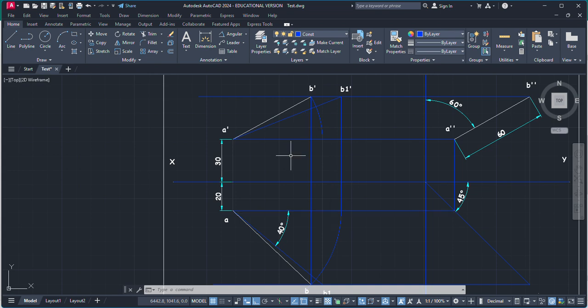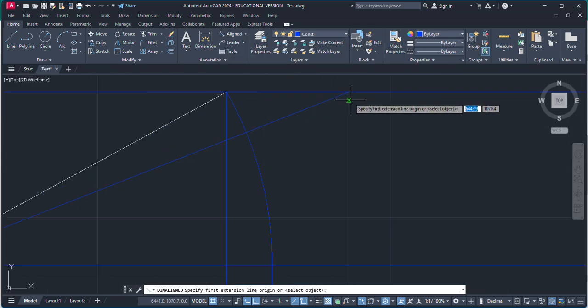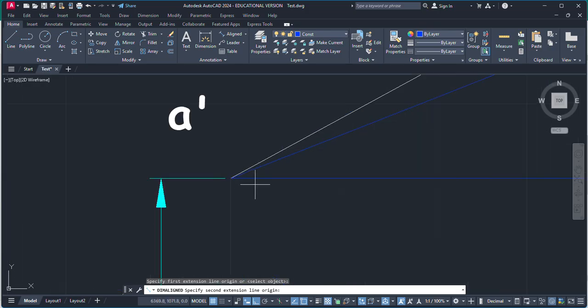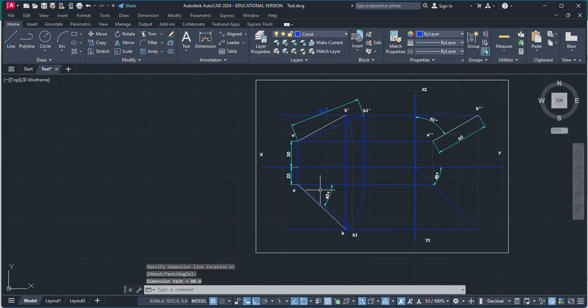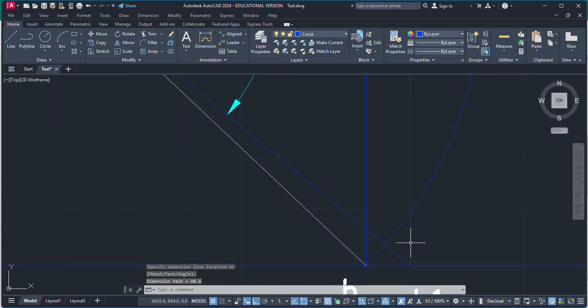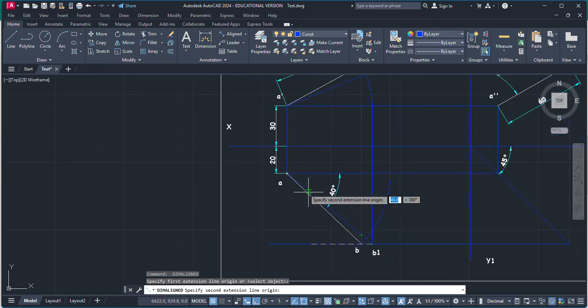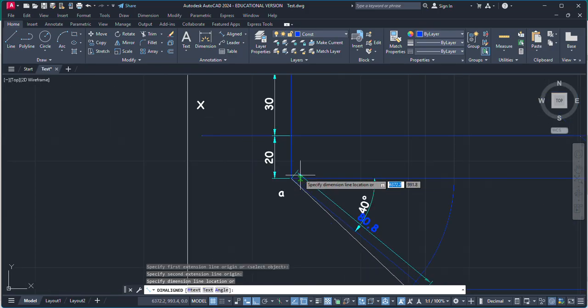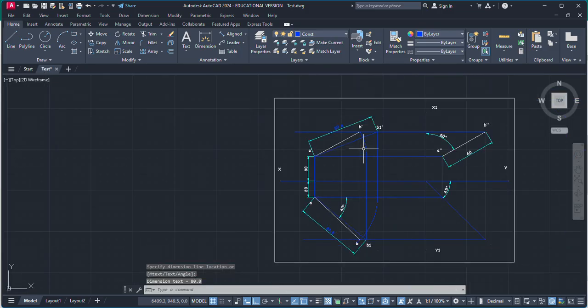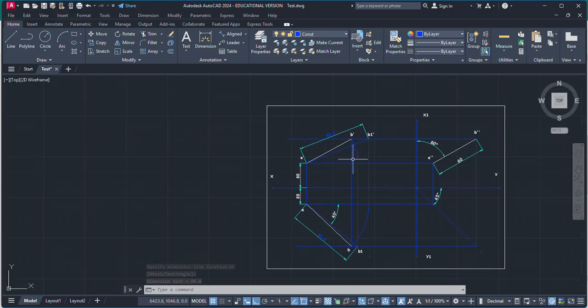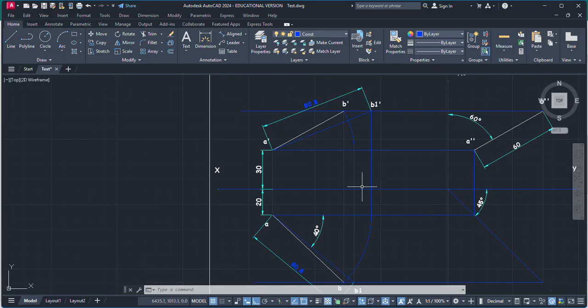In both cases, the true line should be of the same length. So let's check here. In the front view, the true line is 80.8 mm, and here in the top view, the true line is 80.8 mm. So both true lines are of the same length, so this projection is good. This projection of the line is correct.